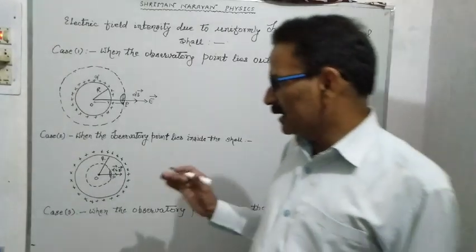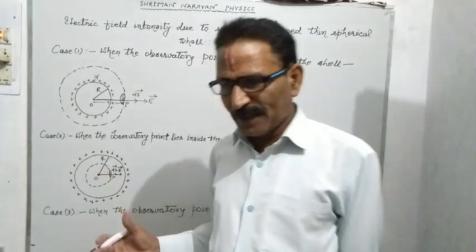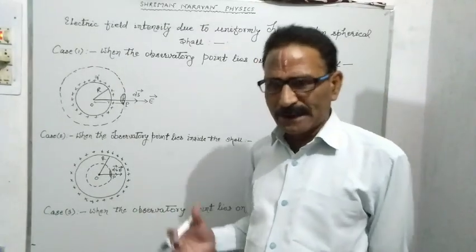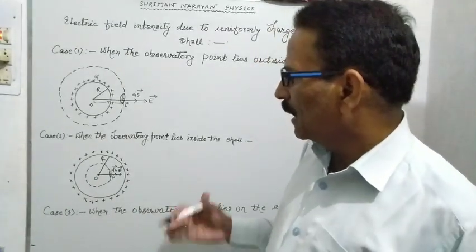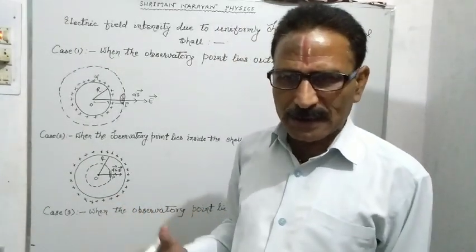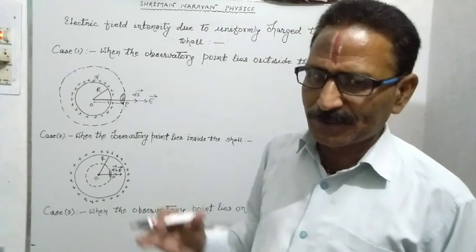Since it is a spherically symmetric charge body, proceeding in a similar way, again we will draw a Gaussian hypothetical spherical surface.